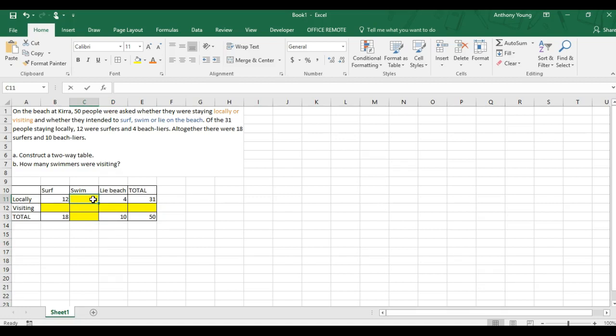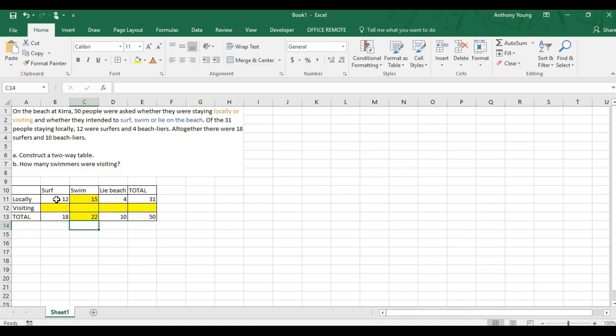So this is just going to be 31, take away 12, take away 4, which is 15. And I also know that my total here has to add up to 50, and I've got 18 and 10, so it's just going to be 50 take away 18, take away 10. And that's my total who were swimming.